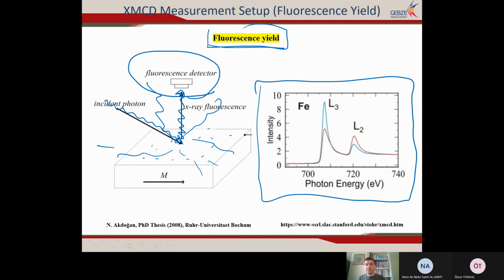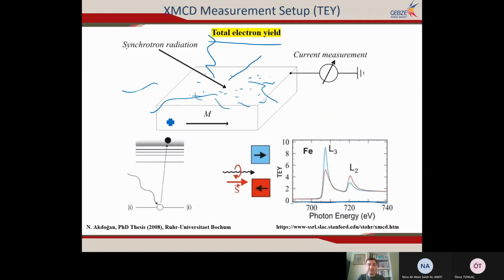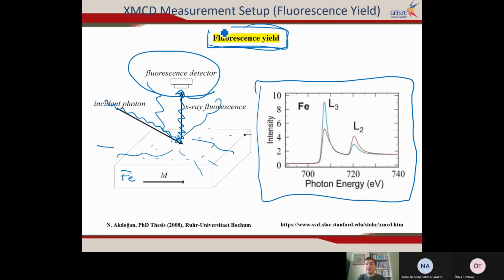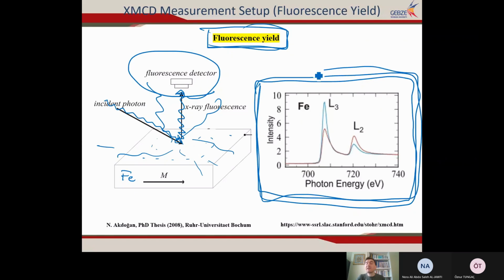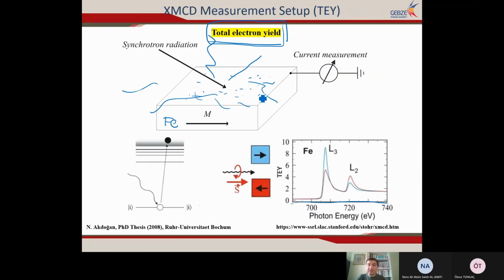So just consider here you have the same iron material, and here you have the same iron material, and in this case you are using the TEY method, and in this case you are using the fluorescence yield. You have to get the same result from the same material under the same conditions. It is independent of the method, but usually the TEY method is preferred.